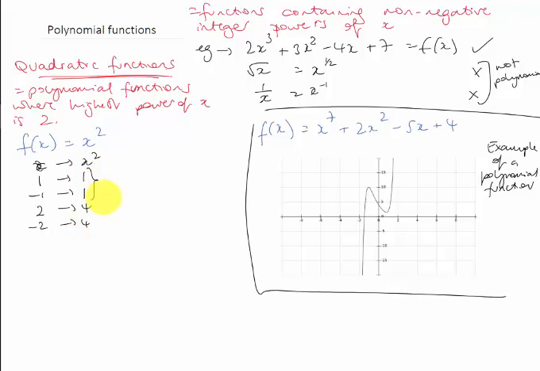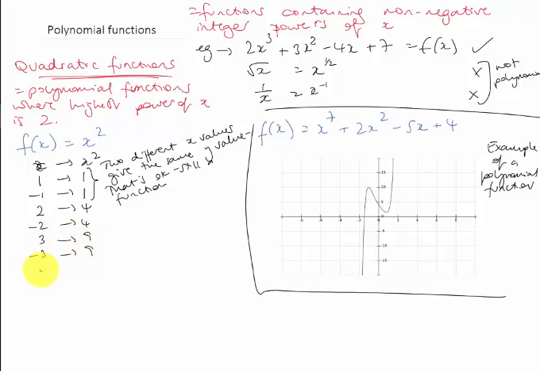So here, 2 different x values give the same y value, if you like. That's okay, it's still a function. Just wanted to make that point. Okay, and then let's just do 3, which gives us 9, minus 3 also gives us 9, and then 0 gives us 0, that's important.